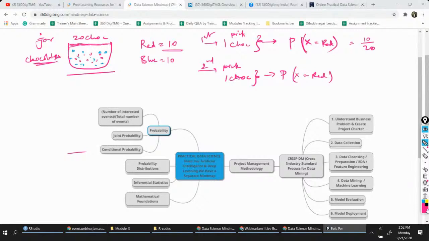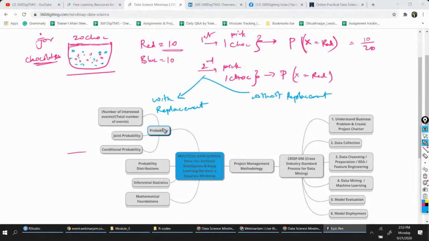So the conditions that we have to look at here are with replacement or without replacement. Now, if the chocolate has been put back into the jar, then I have all the 20 chocolates intact, isn't it?